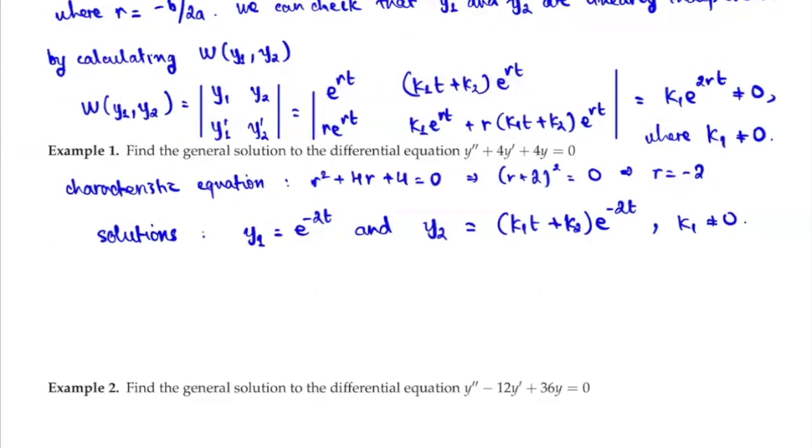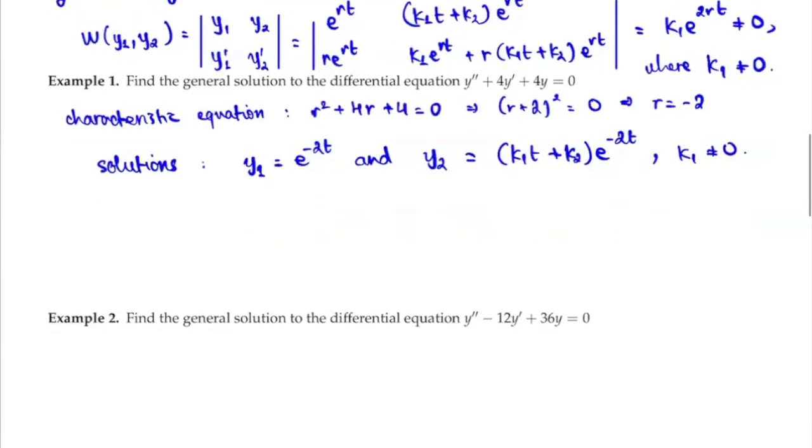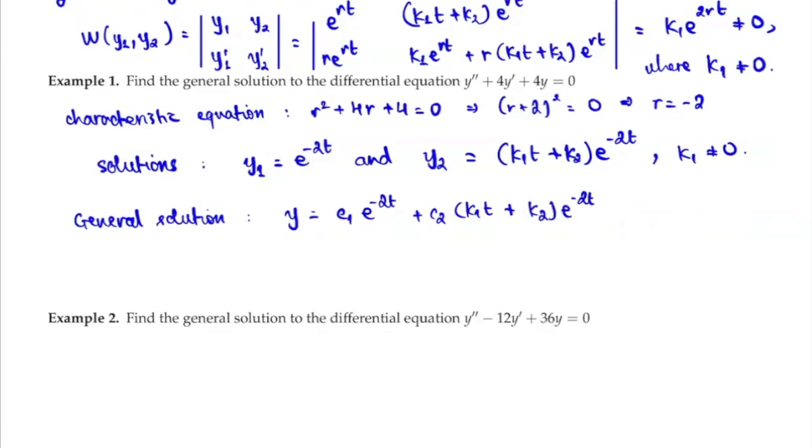No. Okay. Therefore, from here, the general solution is y equal to c1 times e to the -2t plus c2 times (k1t plus k2) times e to the -2t. And of course, you can simplify this general solution further.